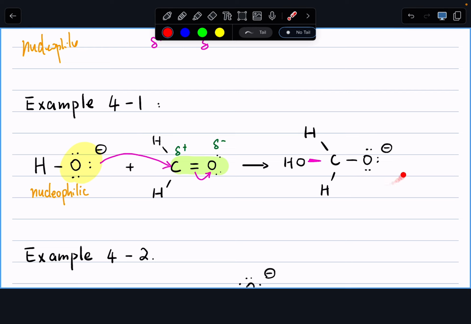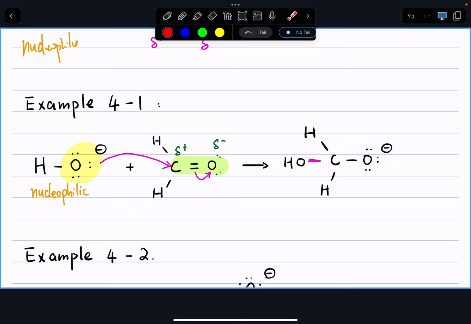The electron ends up on the carbonyl oxygen. All right, so this is the anionic example.